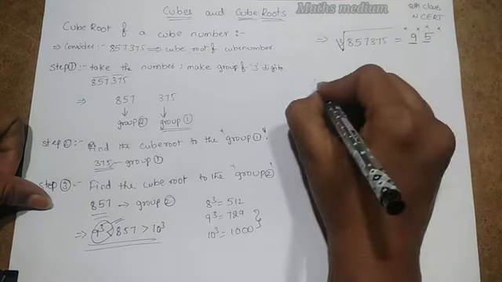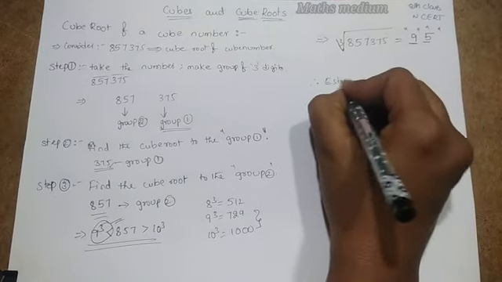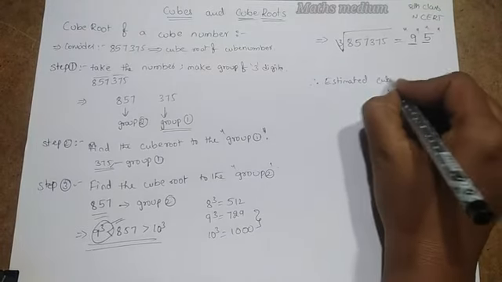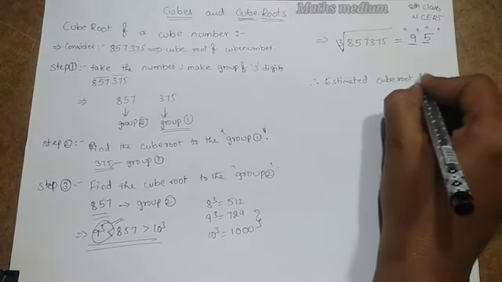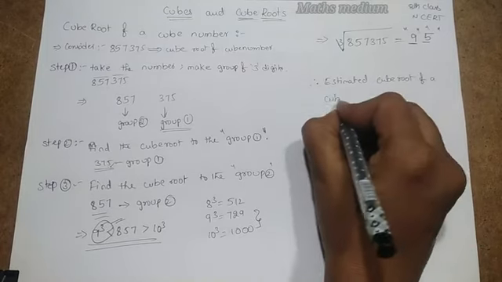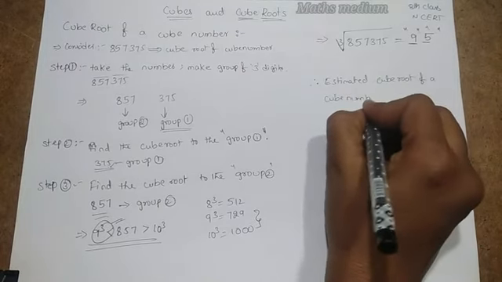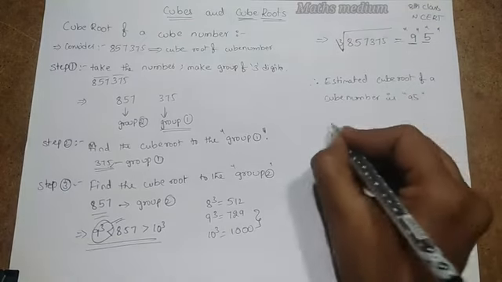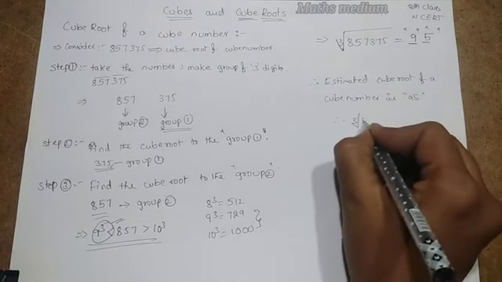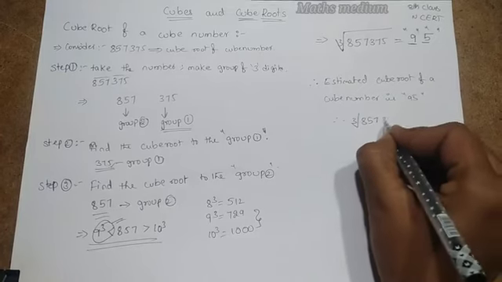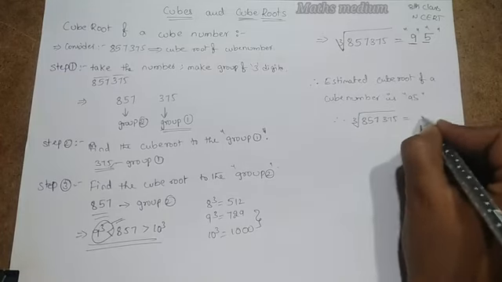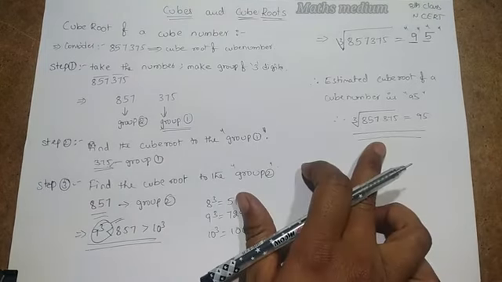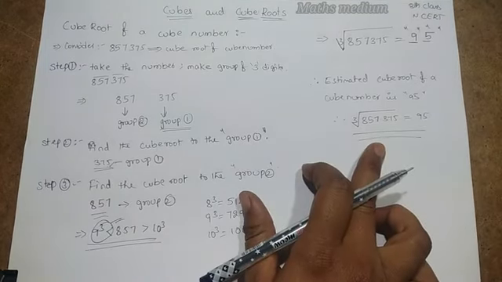Therefore the estimated cube root of a cube number is 95. Therefore cube root of 8,57,375 is equal to 95. This is the answer. So this is the procedure to find a cube root of a cube number.